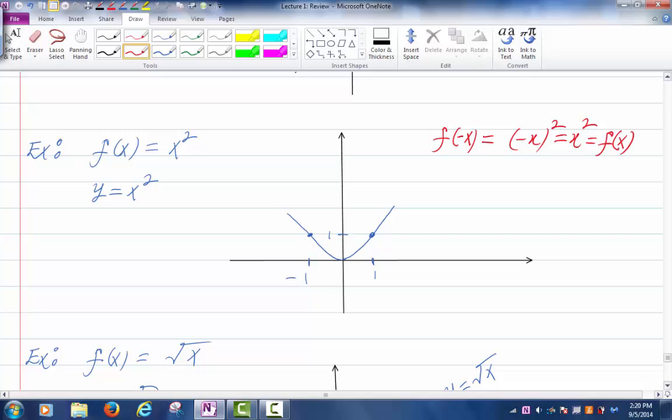So notice that the graph of f is symmetric about the y-axis, and this is precisely because it's an even function. So whenever you have an even function, the graph of the function is symmetric about the y-axis. You can remember that. Okay.